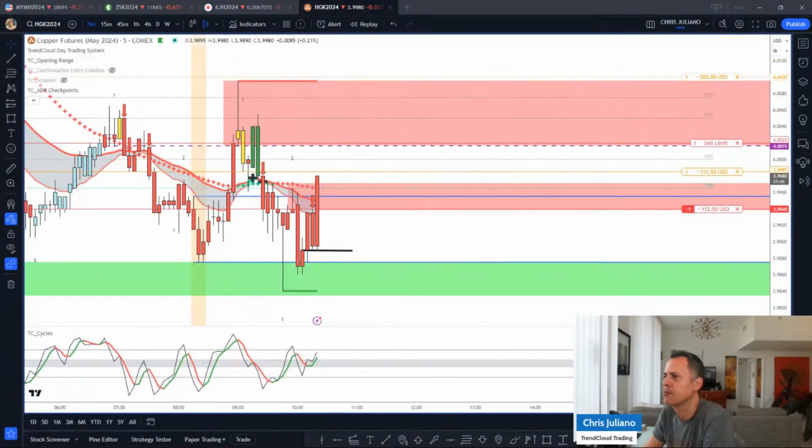We could give this a little bit more space where we originally had our stop loss up here. And then when we started making this move down, it was looking really good.